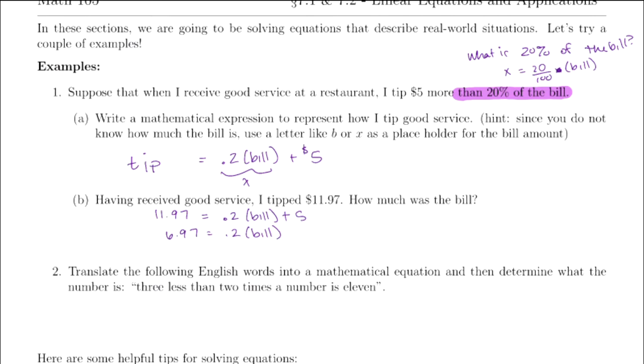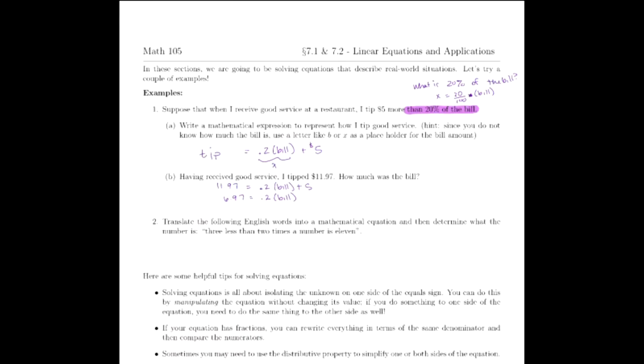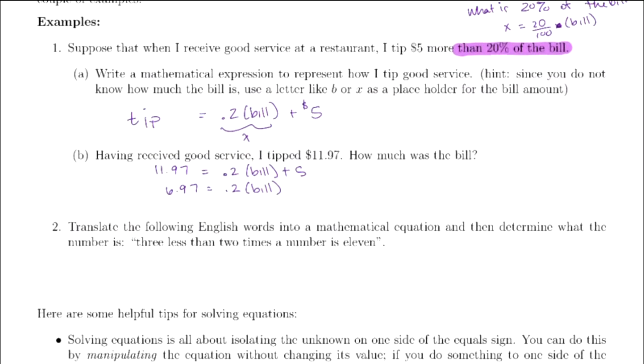And then divide by 0.2 on both sides. And you get 34 something. Let's see. 6.97 divided by 0.2 is 34.85. And so that's how much your bill was pre-tip.